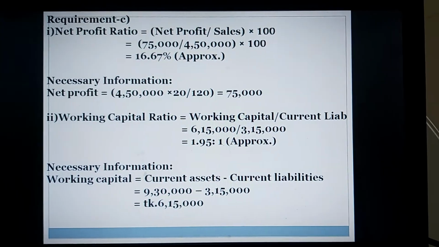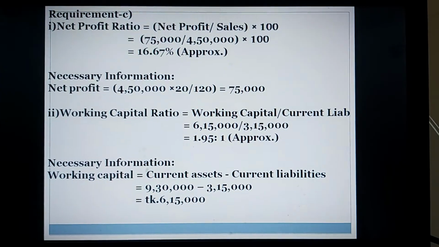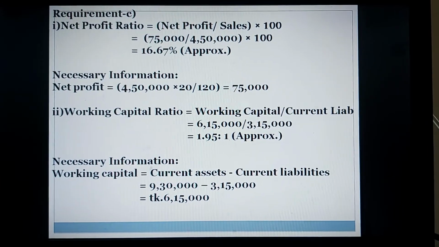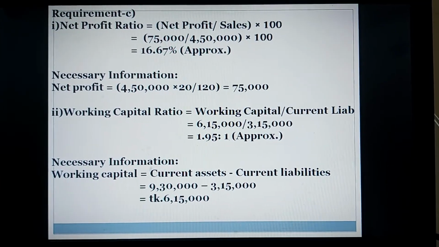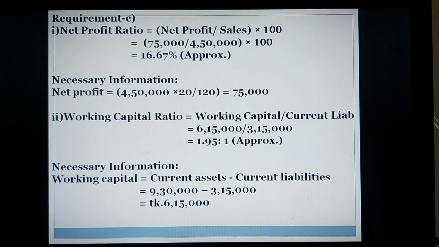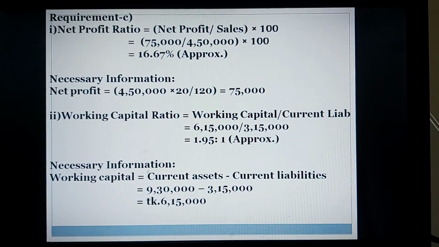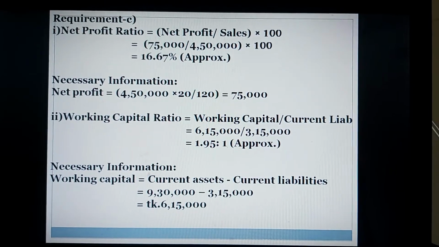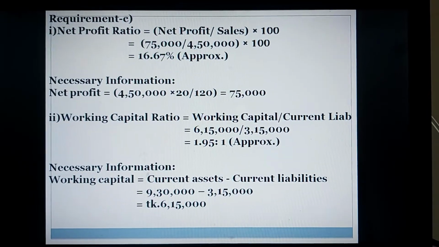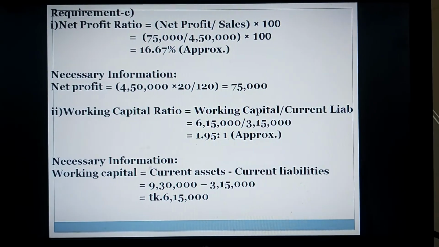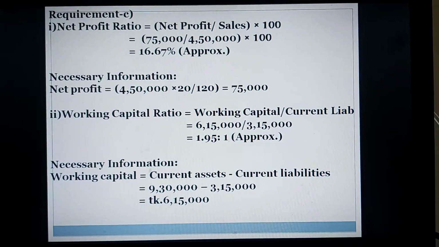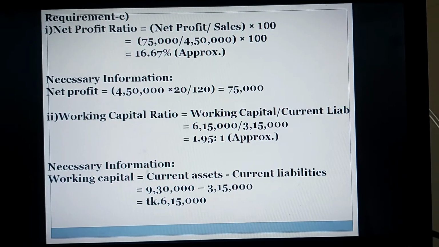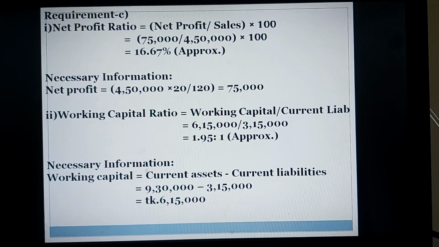So you can calculate it in this way. Net profit is equal to 4,50,000 into 20 divided by 120. That is the amount of net profit is taka 75,000. I repeat again, net profit is taka 75,000 in this math, and net sales of taka 4,50,000 is given in information.